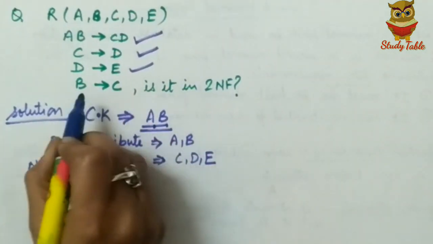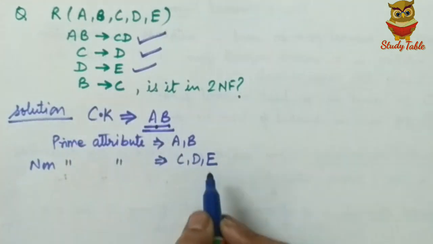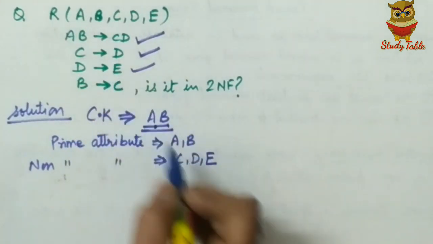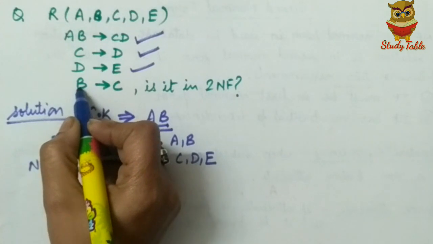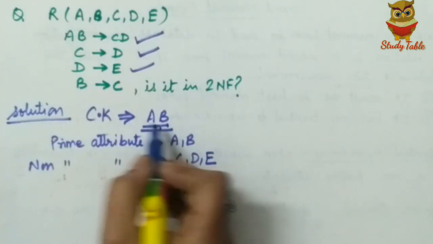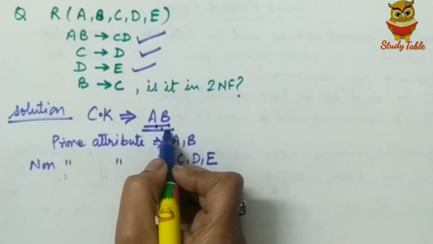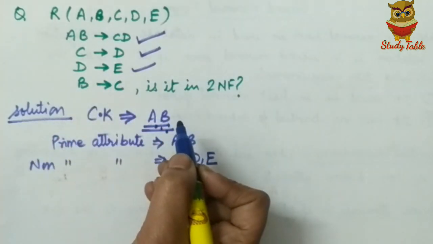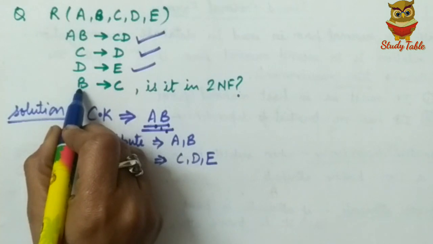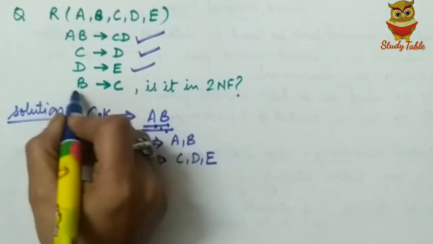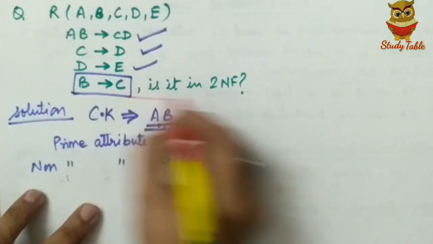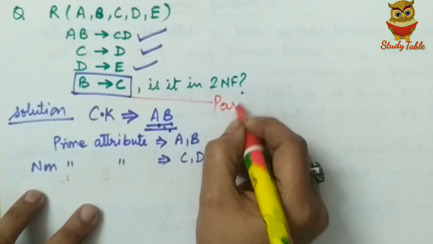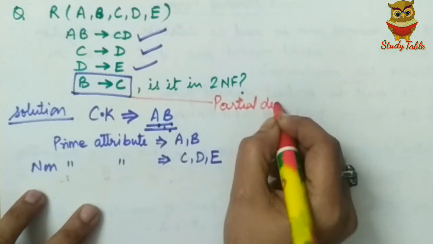Now the last FD, is C a non-prime attribute? Yes, C is a non-prime attribute. And is B a subset of the primary key? Yes, B is a subset of the primary key, AB. So here this FD is creating problem. This FD is having partial dependency.